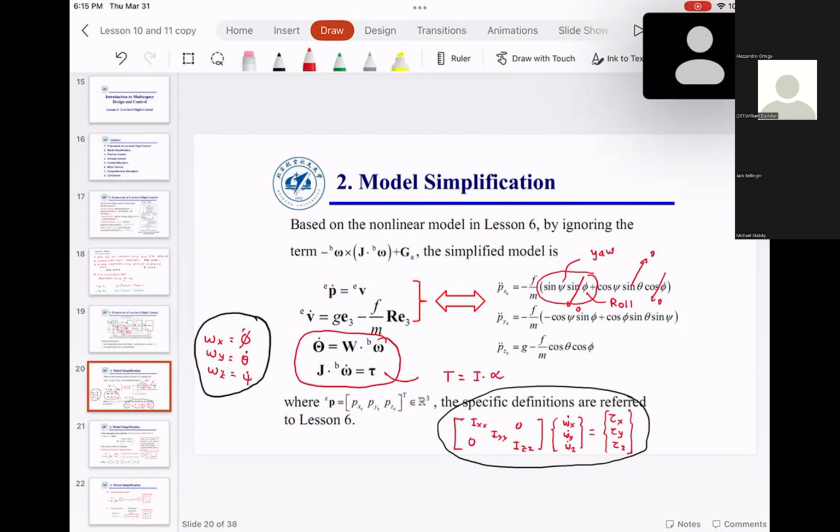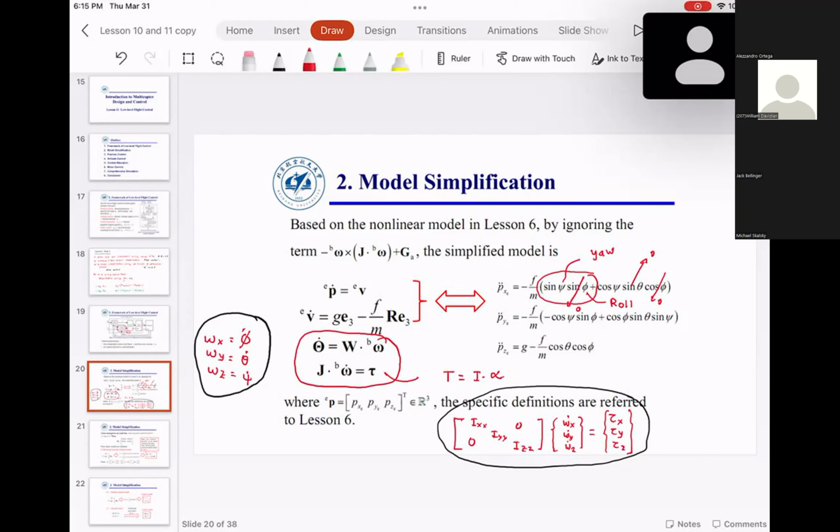When you provide a forward translation command, you would say now your stable operation point is not at 0 degree pitch, it's at maybe plus or minus 2 degree pitch. That way the quadcopter can pitch down or pitch up and basically travel in the forward direction. Same thing happens when you want the quadcopter to go left.